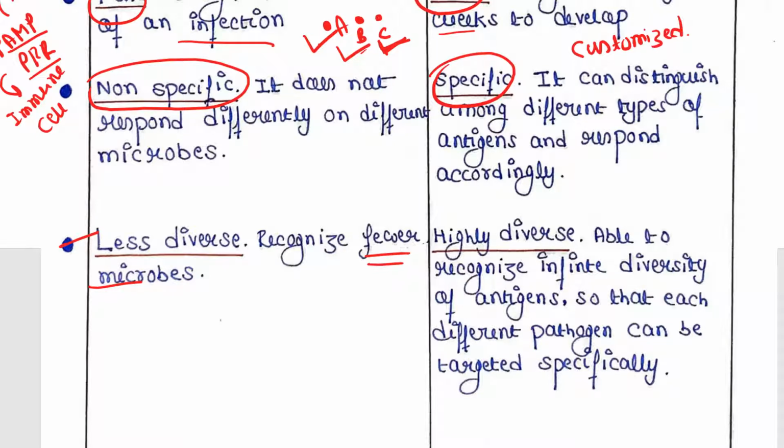It is able to recognize an infinite diversity of antigens so that each different pathogen can be targeted specifically. That means a huge number of antigens can be recognized, and based on those antigens, it acts accordingly.